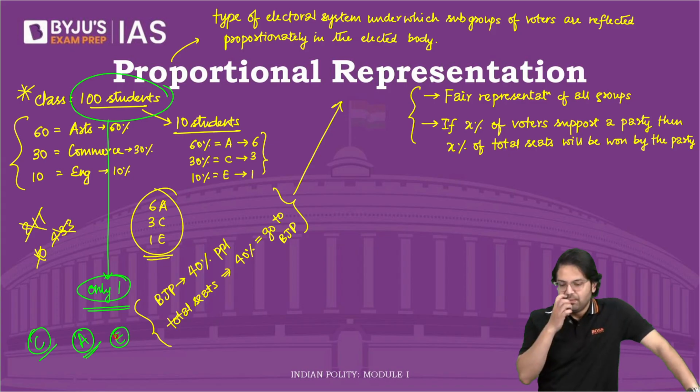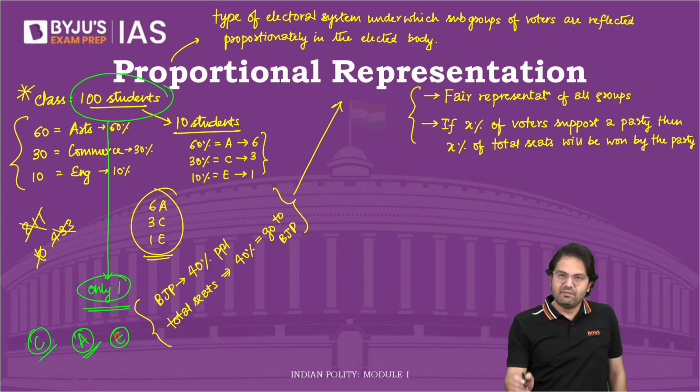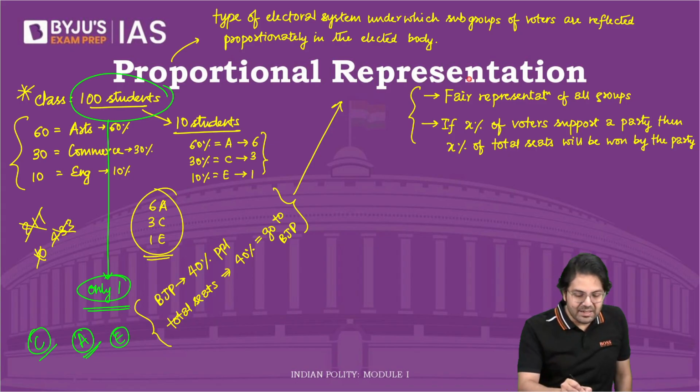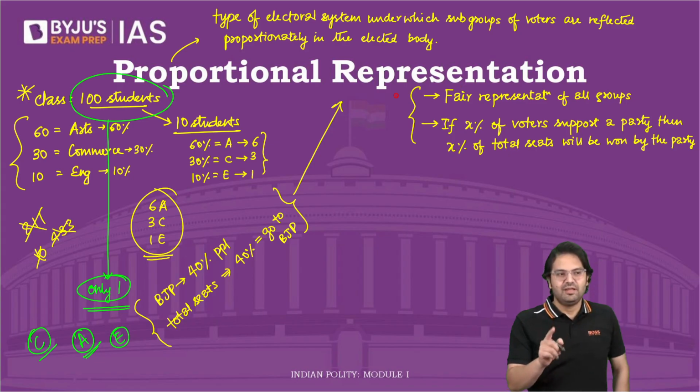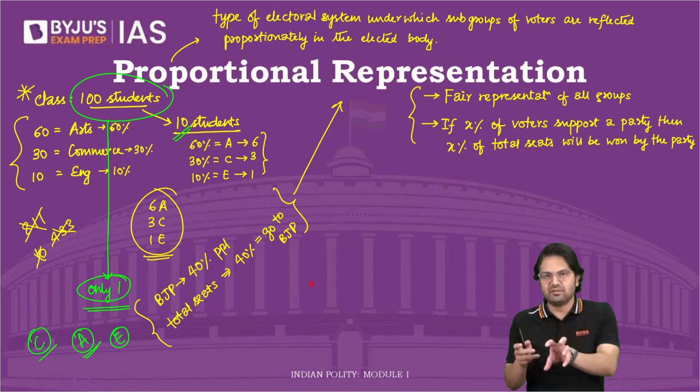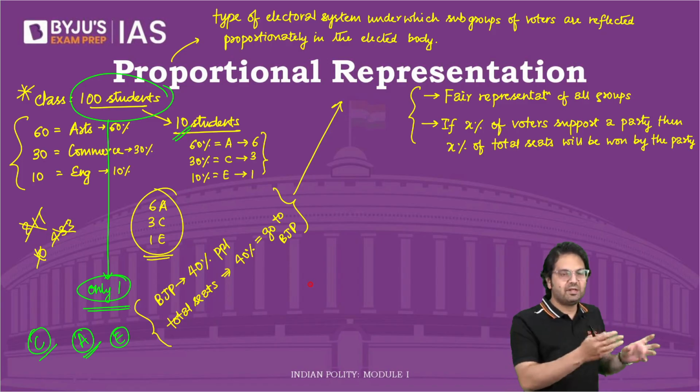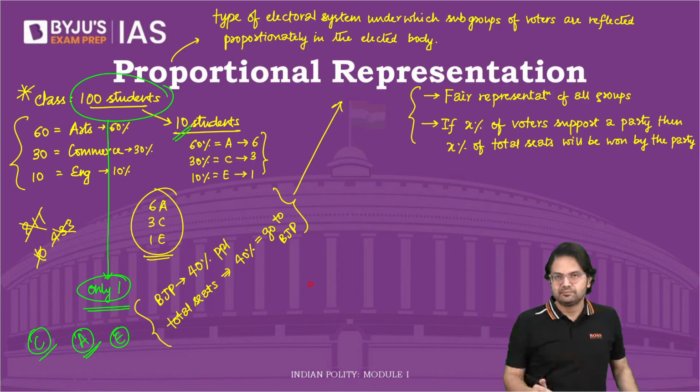So the idea here is proportional representation will only work if there are multiple seats. Yes or no? If there is only one seat to pick, then that particular person will not be able to represent the various groups, right?